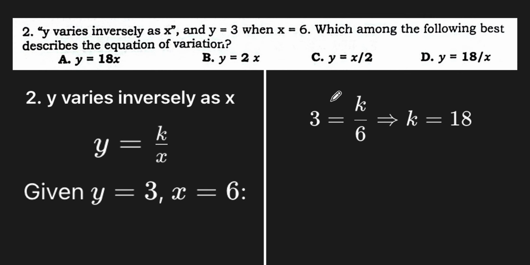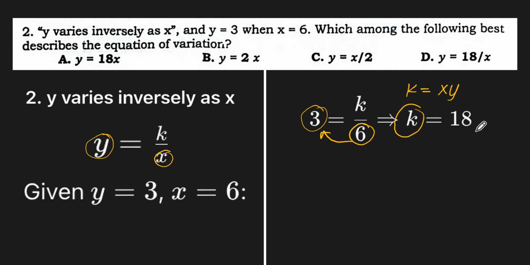We have to find the k. So for us to find the k in the inverse variation, we can just multiply the x and y. In this case, we have the k here, and then we substitute the 3, which is our y, and the 6, which is the x. Okay, and then for us to solve for the k, we multiply 6 by 3.